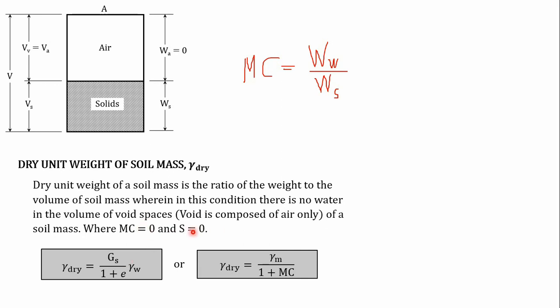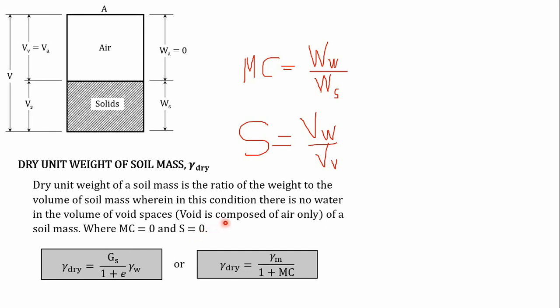How about the degree of saturation? 0. The degree of saturation is equal to the volume of water divided by the volume of voids, wherein there is no water also. So the degree of saturation is also 0.